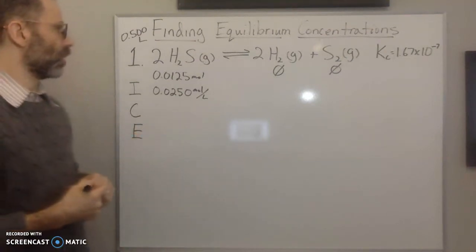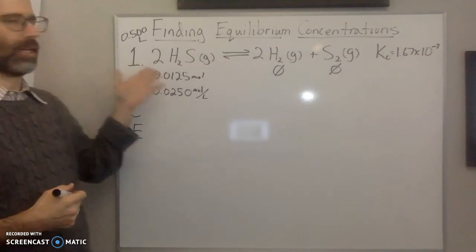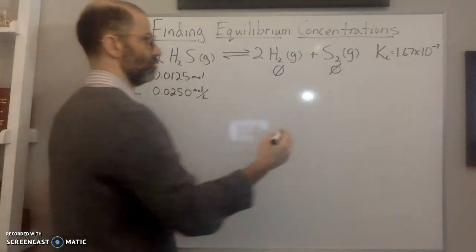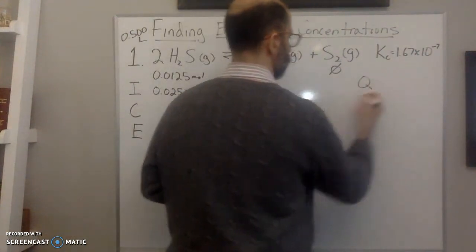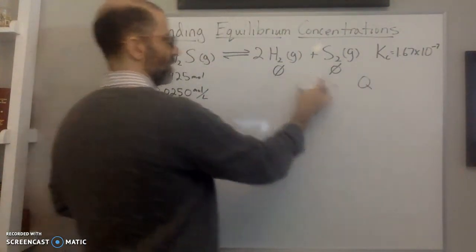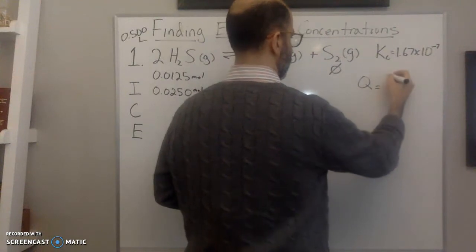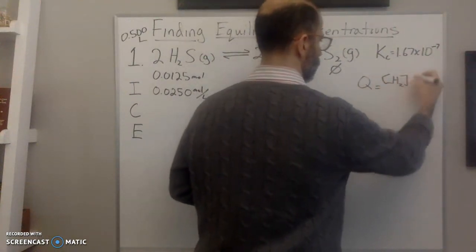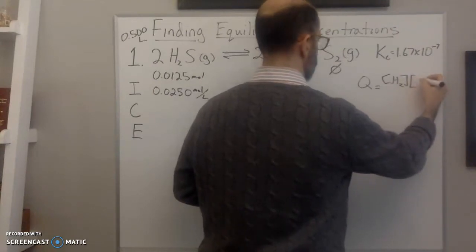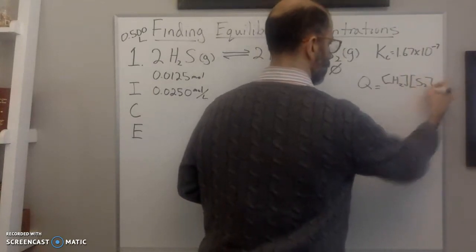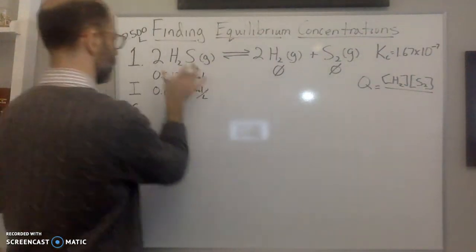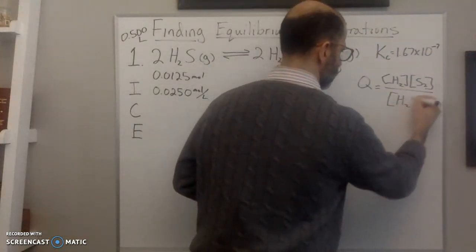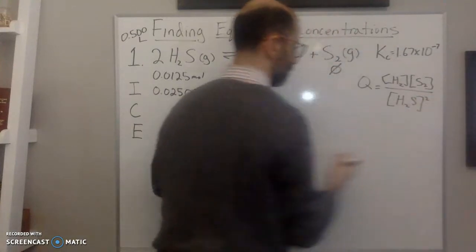Just by looking at this, we know that Q is going to be 0, because Q is going to be the concentration of H2 multiplied by the concentration of S2 over the concentration of H2S squared.